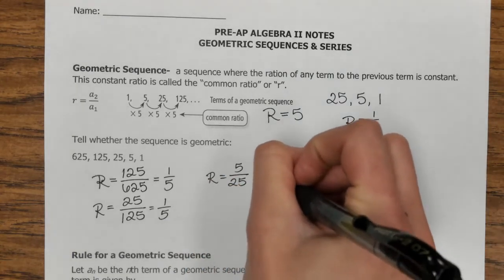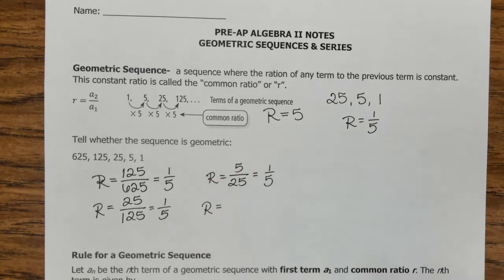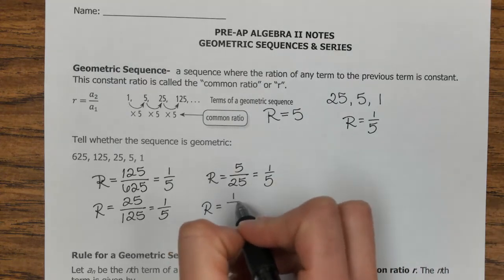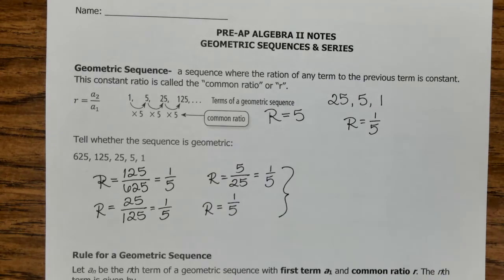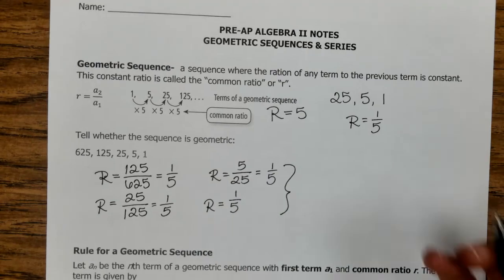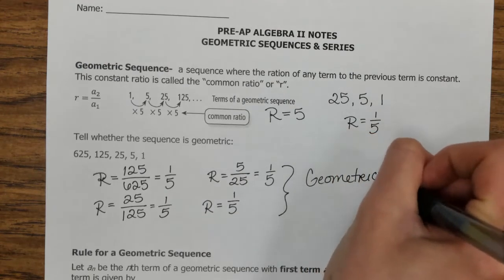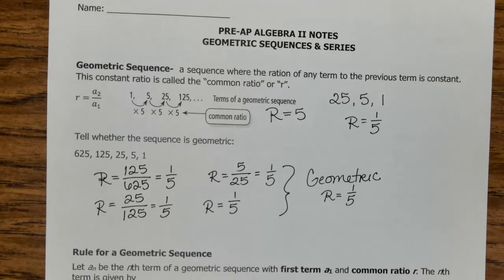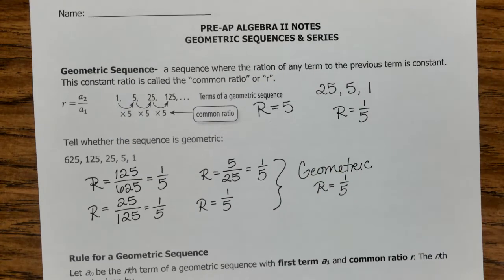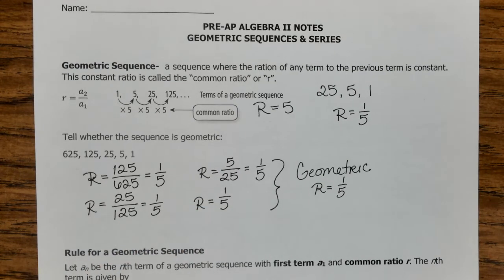Do all of them? Whenever it is asking you to determine, yes. But on a normal problem, when you're writing a rule, no. Because this is the work for you to show that it is geometric. Because all of the common ratios are 1/5, it confirms that it's geometric. So when I'm asking you to determine, yes, I want to see you prove that it's geometric.